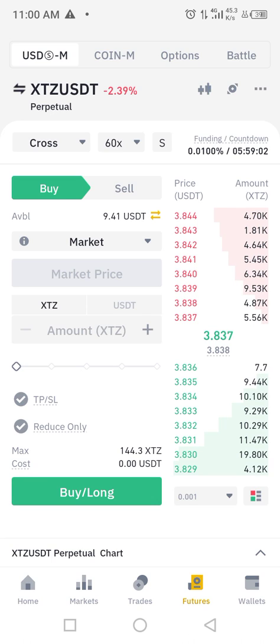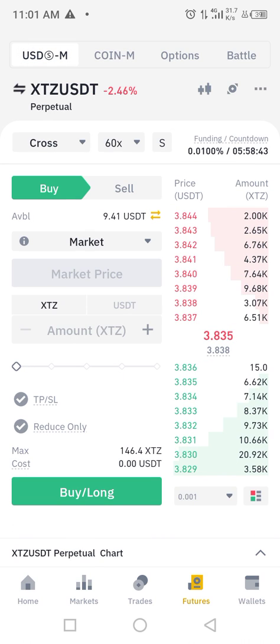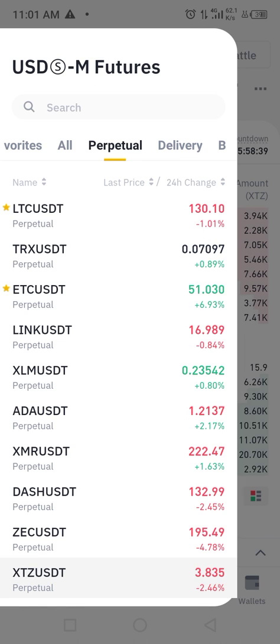Let's see. This is XTZ USDT. If it is spot trading, you see XTZ/USDT. But if it is futures, the only difference you can tell from the writing is XTZ USDT, there is no slash. Do you understand? And you can click on the underlying asset, and you will see all other assets.